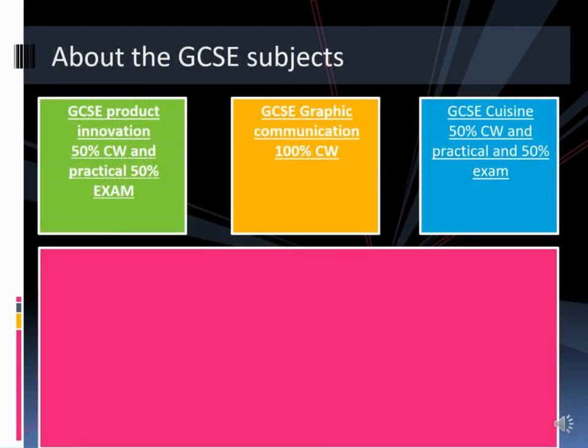So just some more information about the GCSE subjects and how the grading criteria works briefly. So you'll see product innovation is 50% coursework and practical and a 50% written exam based on the theory knowledge within the design industry. We've then got graphic communication, which is 100% coursework. So if you are a student that is not very confident with academic exams, it's practical based.